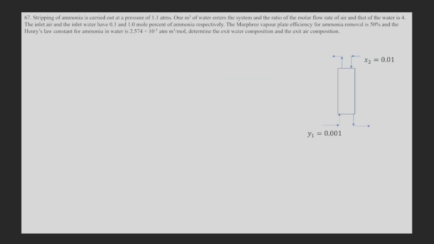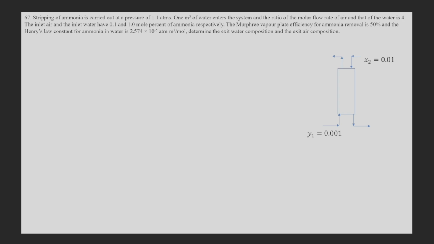Okay, so stripping of ammonia is carried out at a pressure of 1.1 atm. 1 meter cube of water enters the system, and the ratio of molar flow rate of air and that of water is 4. The inlet air and the inlet water have 0.1 and 1.0 mole percent of ammonia.